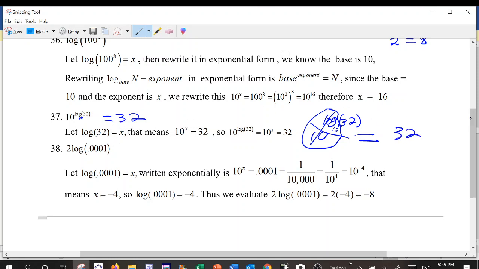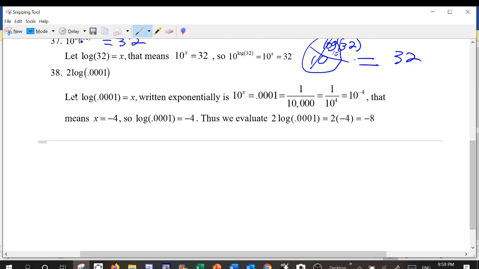Okay, what about this one right here, the last one? Well, this is 2 times the log of 0.0001. Now, we know that 0.0001 is actually 1 divided by 1 with 4 zeros, right?